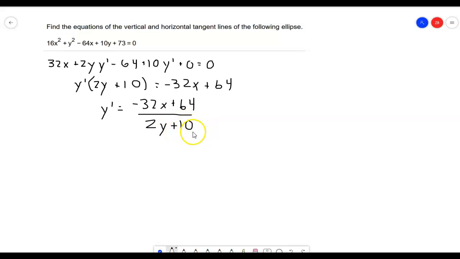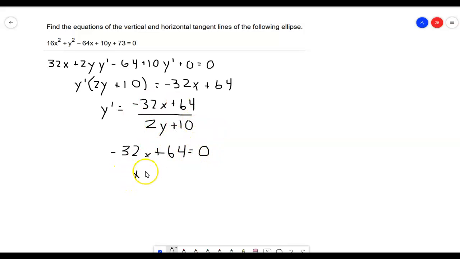So what does this give us? This gives us the formula for the slope of the tangent line at any given point. And notice that on the top here, we have x's, and on the bottom we have y's. So whenever the top is equal to 0, we're going to have a derivative of 0, and that's going to give us a horizontal tangent line. And so if we set that top, -32x plus 64, equal to 0, the derivative will be equal to 0.